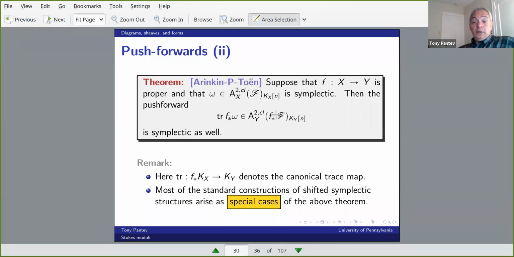Okay, so here is this comment that I made, which is that most of the standard constructions of symplectic structures actually arise as special cases of this push-forward theorem. So let me go over the standard examples.